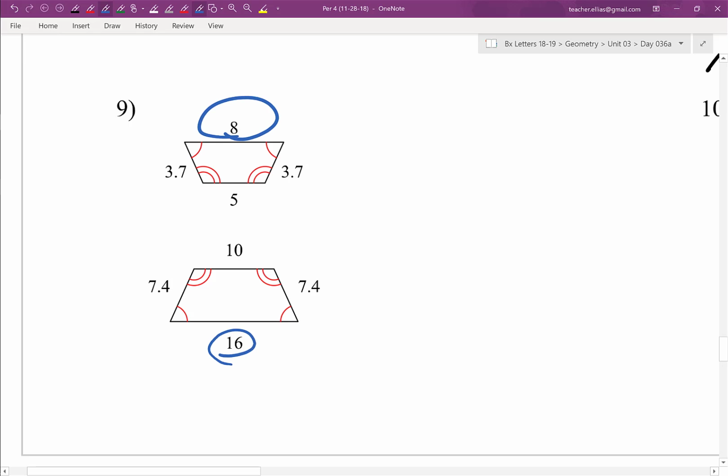They're the same side. It's just flipped. 16 over 8 would give us 2. Just verifying that. Indeed. Yeah, it's divided by 2.